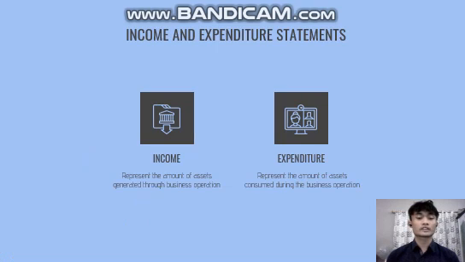There are two: income and expenditure. Income represents the amount of assets generated through the business operation, and expenditure represents the amount of assets consumed during the business operation, or we can say respectively the flows and obligations occurring during the production of goods and services. That's about the income and expenditure statements.